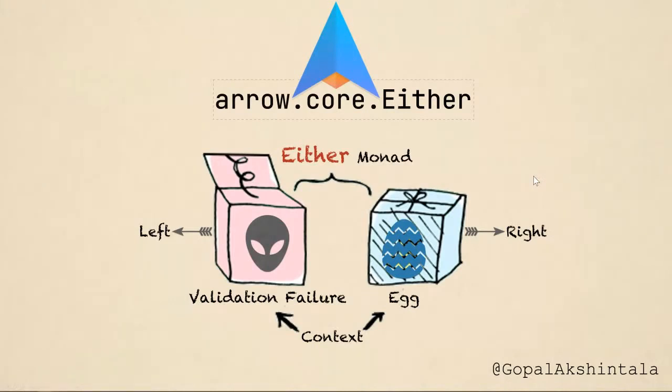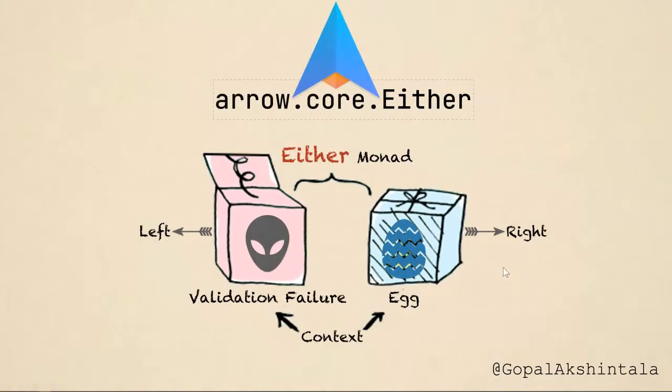What is an Either monad? Basically, what is a monad? A monad is just a design pattern of doing things in a certain way. Today we're not going to jump into how to write a monad, but just look at the application of monad and where we can make use of it in our enterprise or day-to-day software. A brief crash course on Either: it's a monad that has two states. Imagine two boxes.